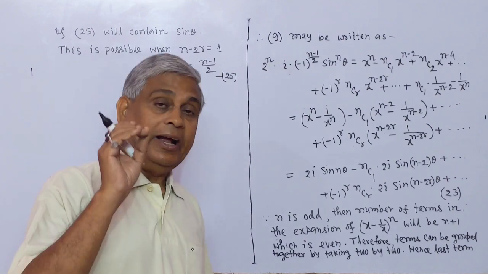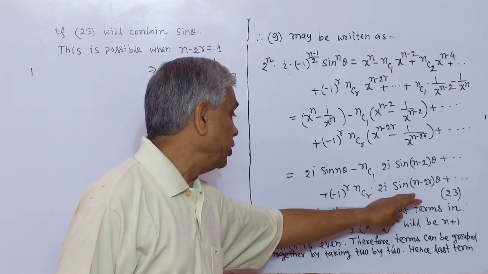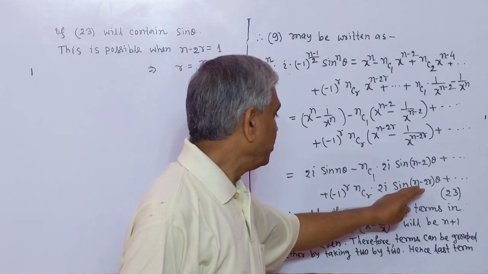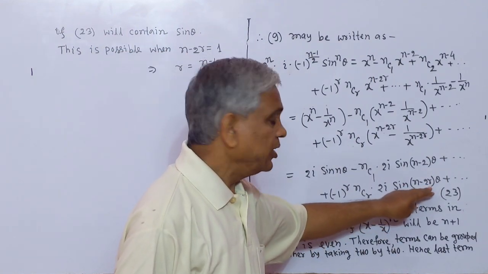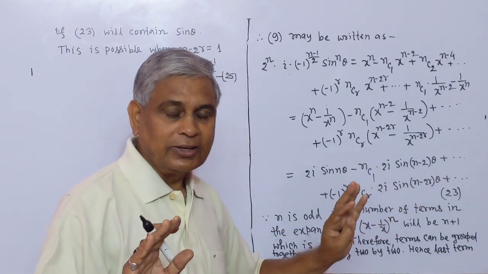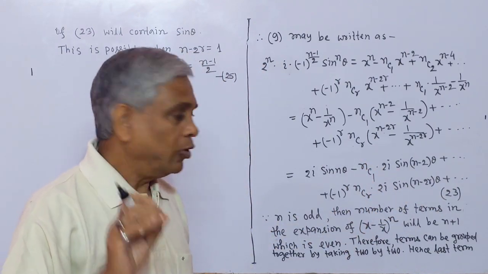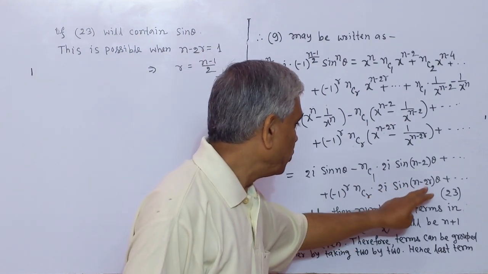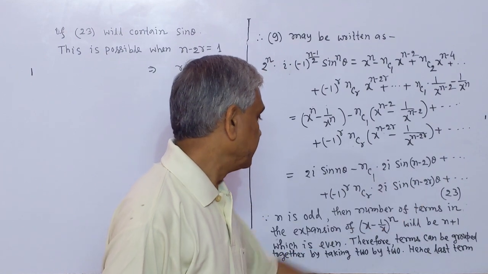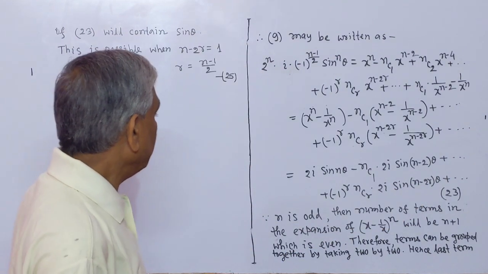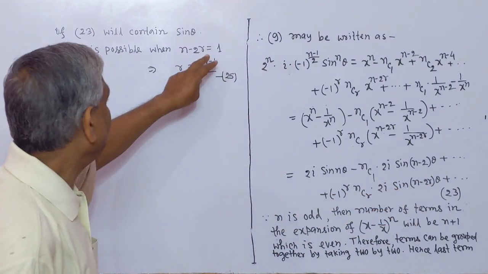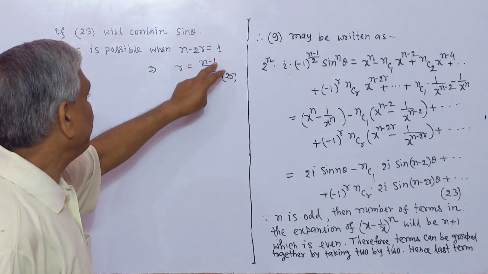And the last term of 23 will contain sin theta. Here n is odd and 2r is even, odd minus even, and this will remain only sin 1 theta. Subtraction will be 1, last subtraction. And it is possible only when n minus 2r equals 1, which implies that r equals n minus 1 by 2. This is 25.